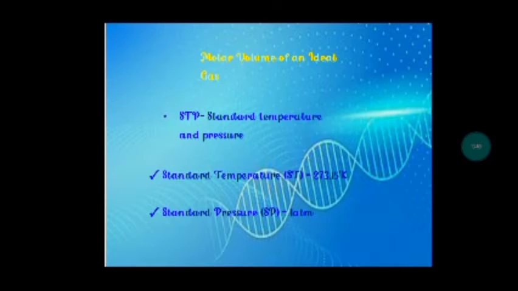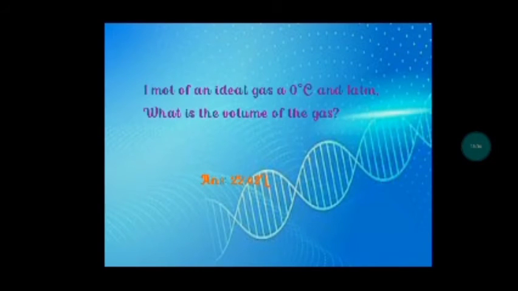The value of the standard temperature is 273.15 Kelvin, and the value of the standard pressure is 1 atm. These are constant values. We proceed to this example: 1 mole of an ideal gas is at 0 degrees Celsius and 1 atm. What is the volume of the gas?